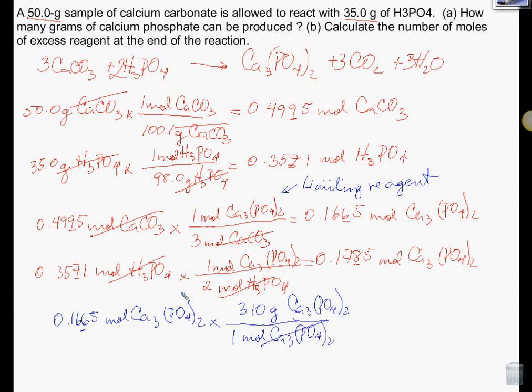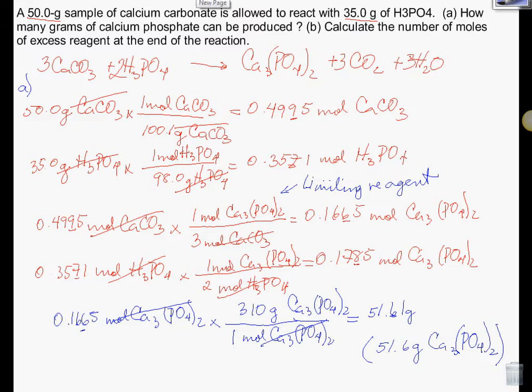So we cancel moles with moles, and we multiply 0.1665 times 310, and what we get is 51.61 grams. That is, using the correct number of significant digits, 51.6 grams of calcium phosphate. So we already solved step number 1, or letter A. This would be letter A.